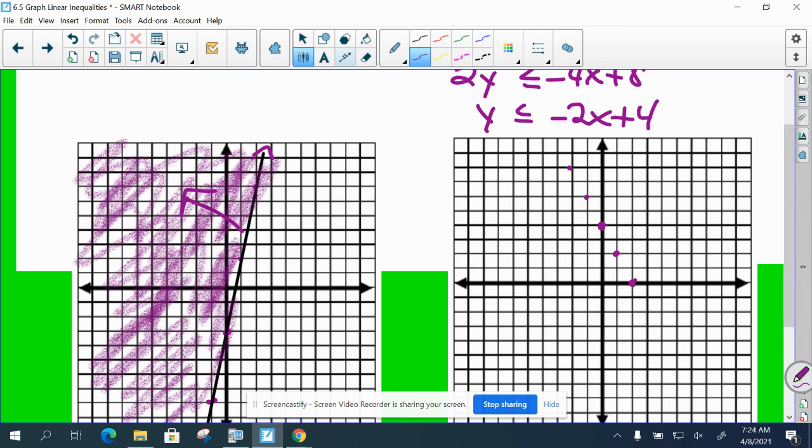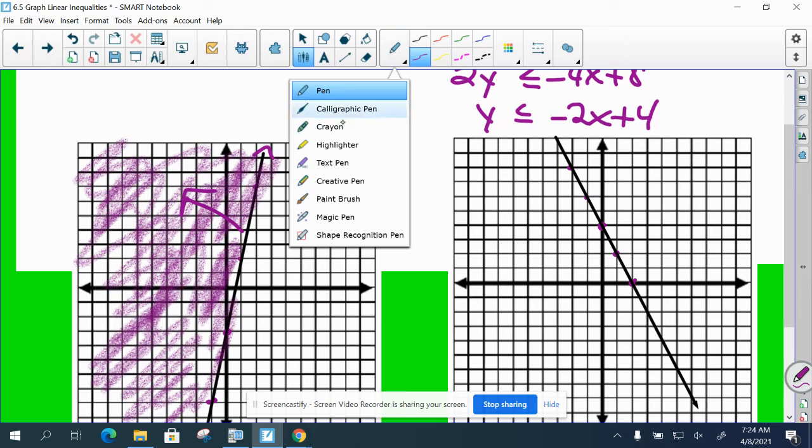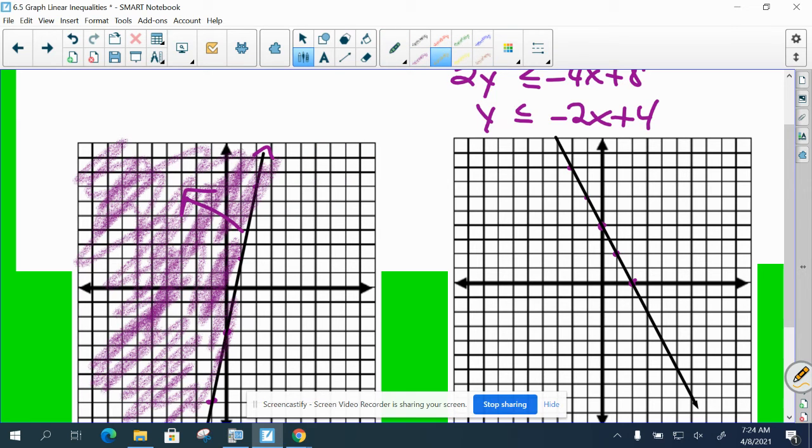Since it's equals, that means we use a solid line. And then I'm going to make my line a little bit closer to the points. Okay, and then it's less than or equal to, so we're going to be shading below the line, which would mean this way. So all of this stuff.